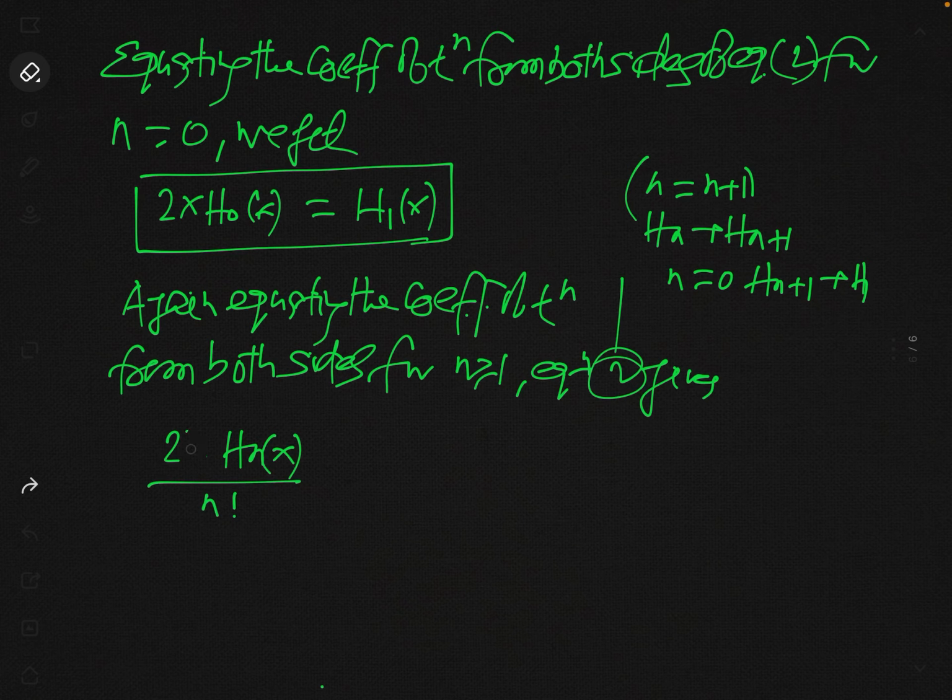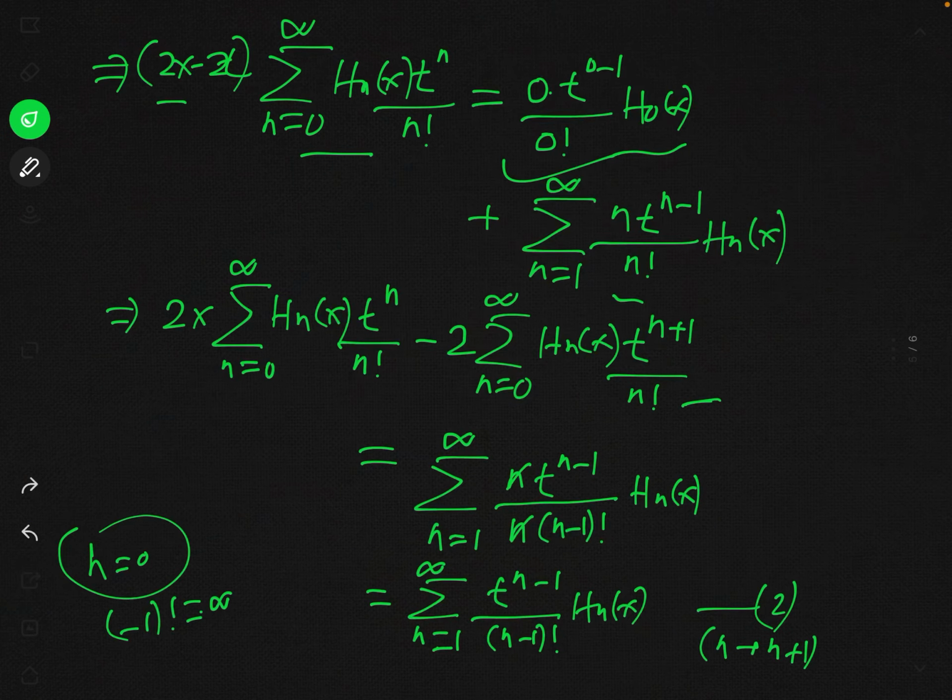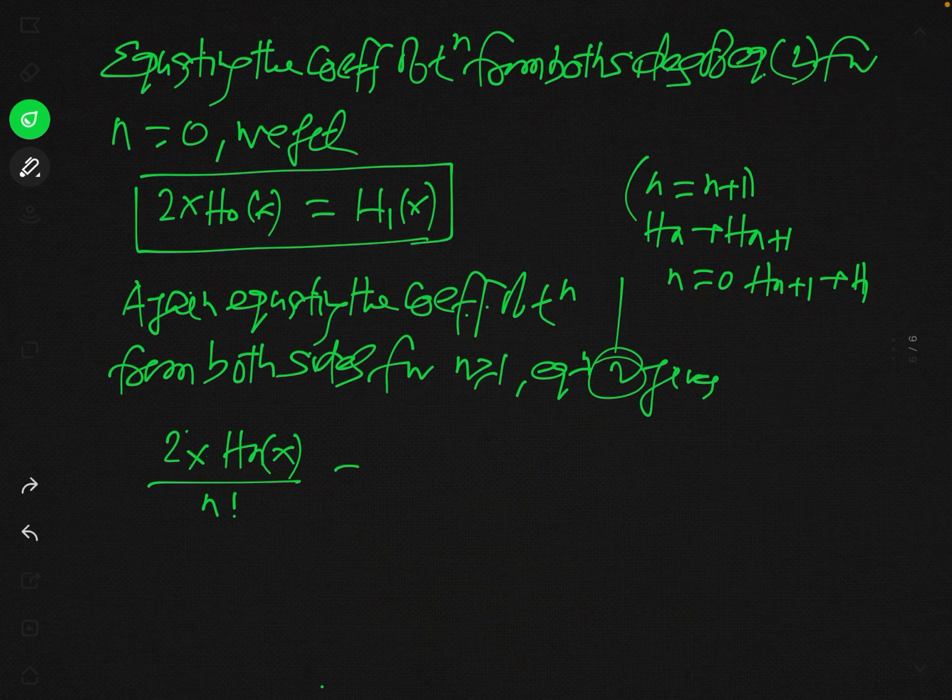This is in fact 2x hn of x over n factorial, and in the second term you can see here there is t raised to the power n plus 1. So to get t raised to the power n, we must replace n by n minus 1. So in the second term, the coefficient of t raised to the power n will be 2 hn minus 1 of x over n minus 1 factorial.